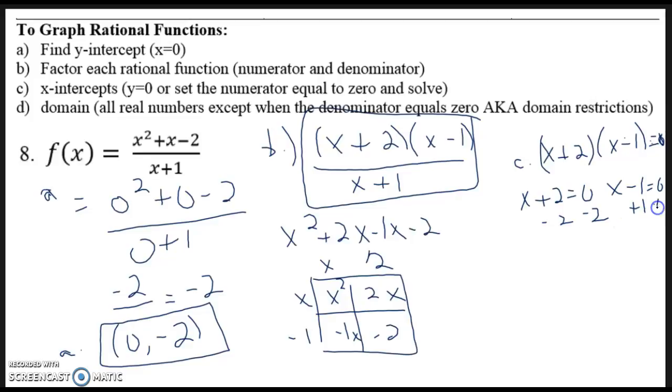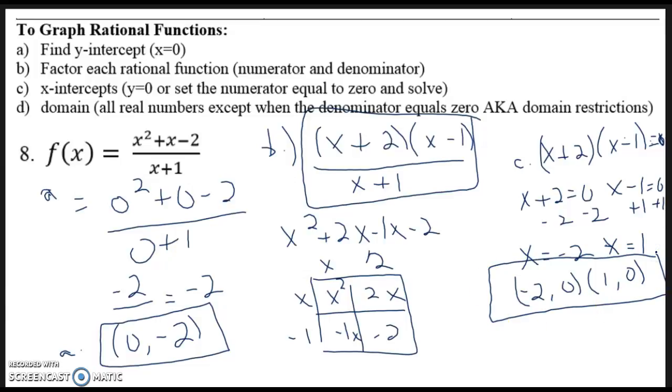Add 1. X equals negative 2. And x equals positive 1. So my x-intercepts are negative 2, 0 and 1, 0. Very similar to my last one. All right, so that was C. So there's the answer to C. I can graph these points, right? No problem.